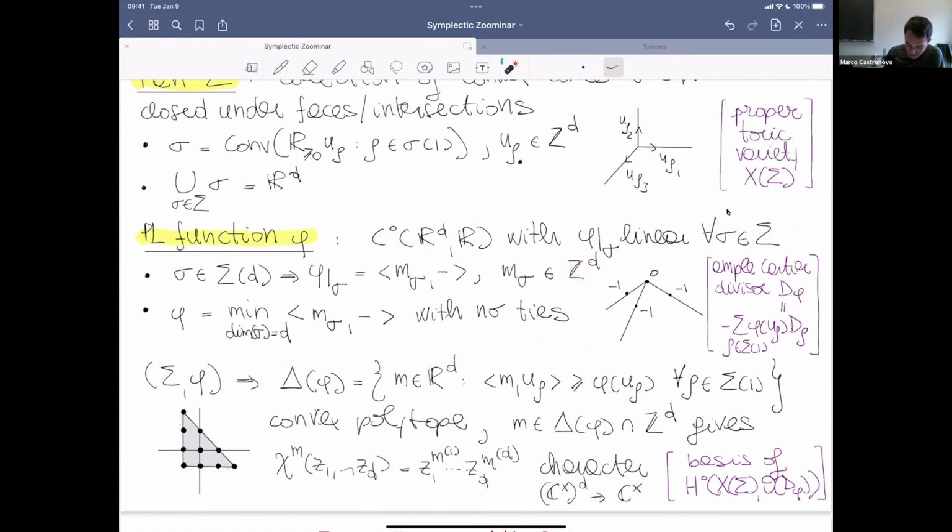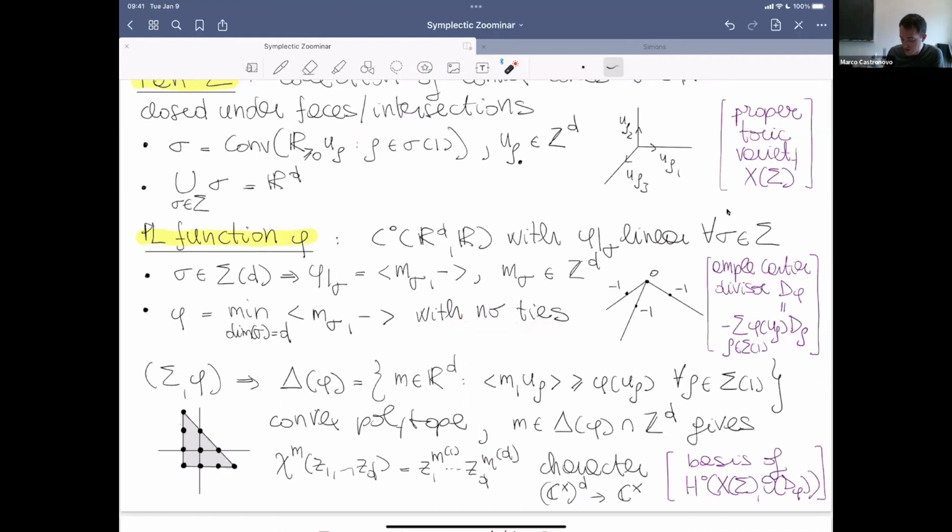The first one is that if you take a cone of maximal dimension D, when you restrict one of these PL functions to the cone, it's going to be the product by some vector in R^D, but I'm assuming it's actually a lattice vector. And the second assumption is that this PL function is strictly concave, meaning that you can present it as the minimum of these functionals that I described in the previous step, and there are no ties.